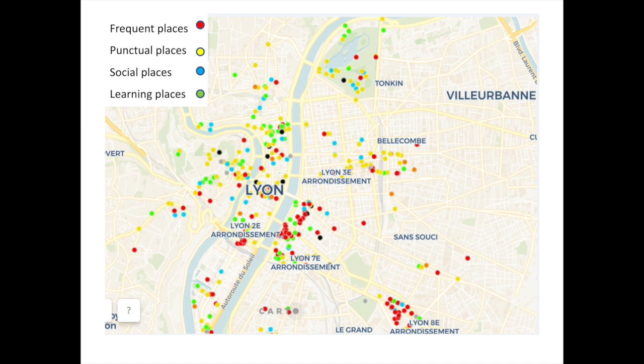Maybe some of you attended the talk given by Carmen last month, which was really interesting, because what we get is not statistically significant, but it produces emotion data as well. For instance, the Parc de la Tête d'Or, one big garden, one big park, a lovely place in Lyon, seems to be a safe place to socialize and to learn. So that tells us about the good places in a city.